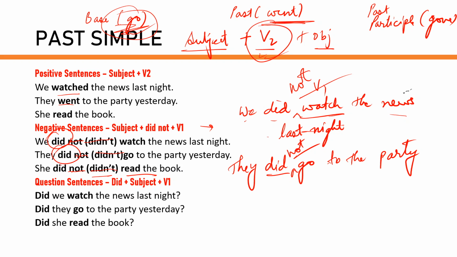We will take this helping verb, we'll bring this in the front, in the beginning of the sentence, and we will then continue the sentence as it is, like, did we watch the news last night? Did they go to the party yesterday? Did she read the book? Simple.